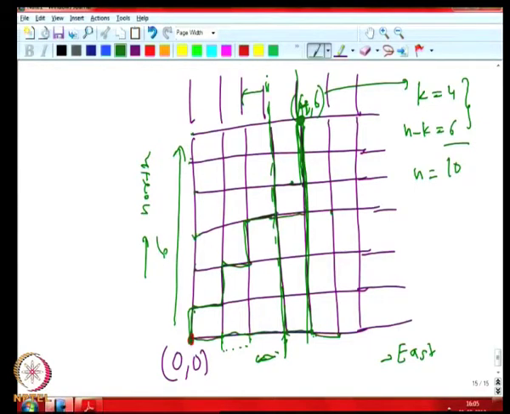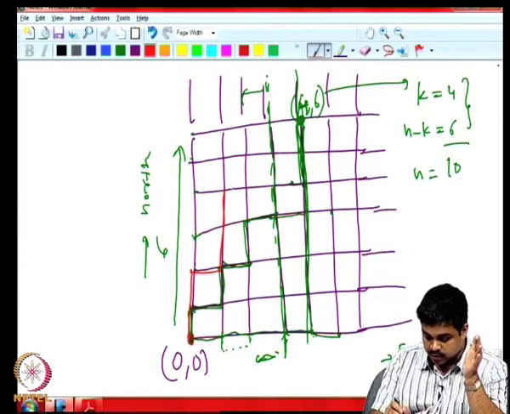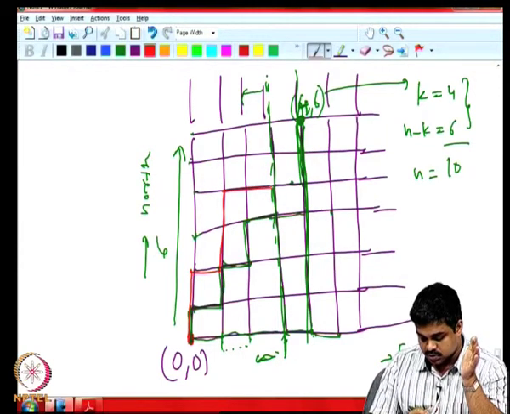I can do it as 1 kilometer east, then 1 kilometer north, 1 kilometer east, 1 kilometer north, like that. Or I could have done 2 kilometers north, then 1 kilometer east, then another 2 kilometers north, then 2 kilometers east.